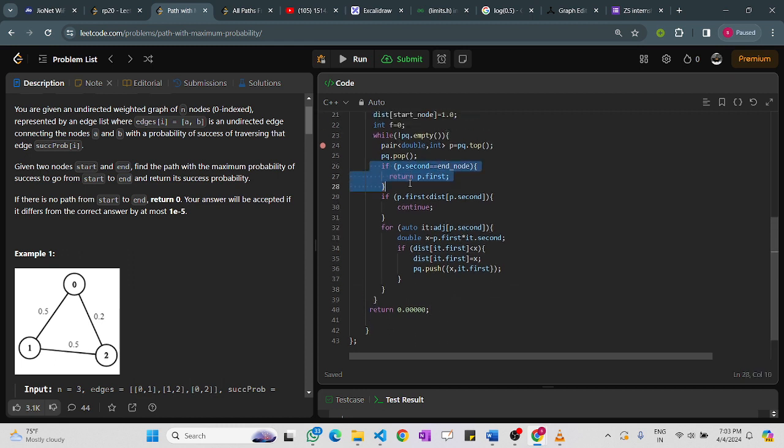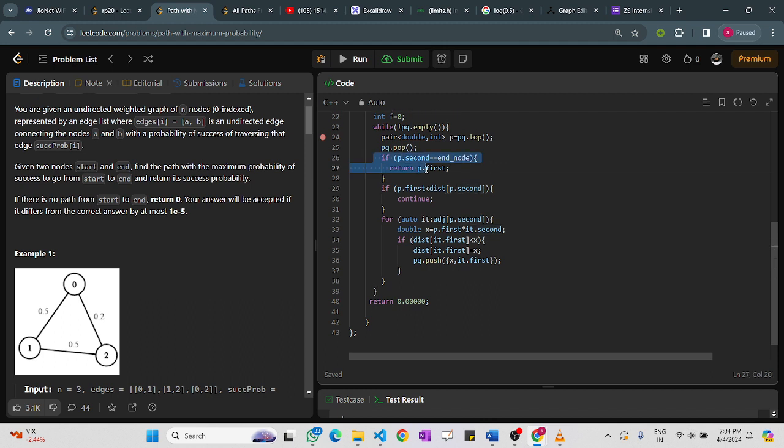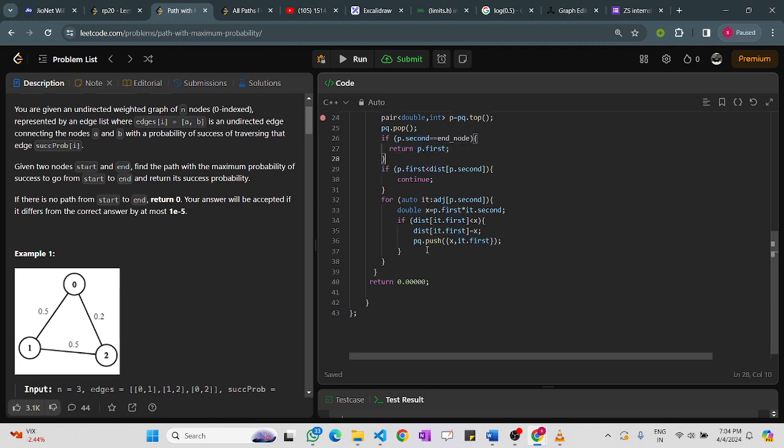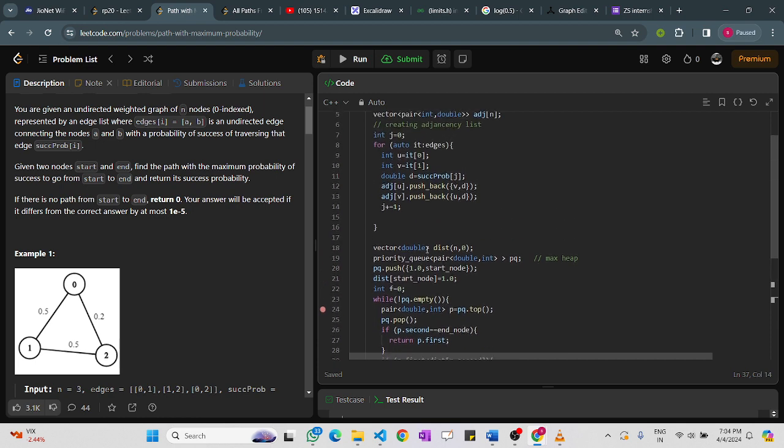And suppose in any iteration you reach the end node, then you just have to return p dot first, because p dot first always contains the maximum probability, the product of the probabilities of reaching the ith node. So if at any iteration you are at the end node, then you have to return p dot first.